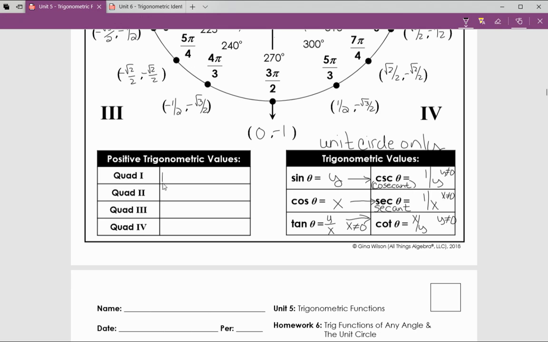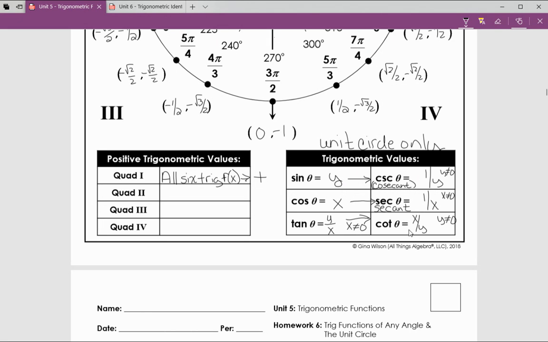In quadrant 1, all 6 functions will always be positive. Are there any negative values in quadrant 1? There are no negative values in quadrant 1, which means there is no negative x, no negative y.